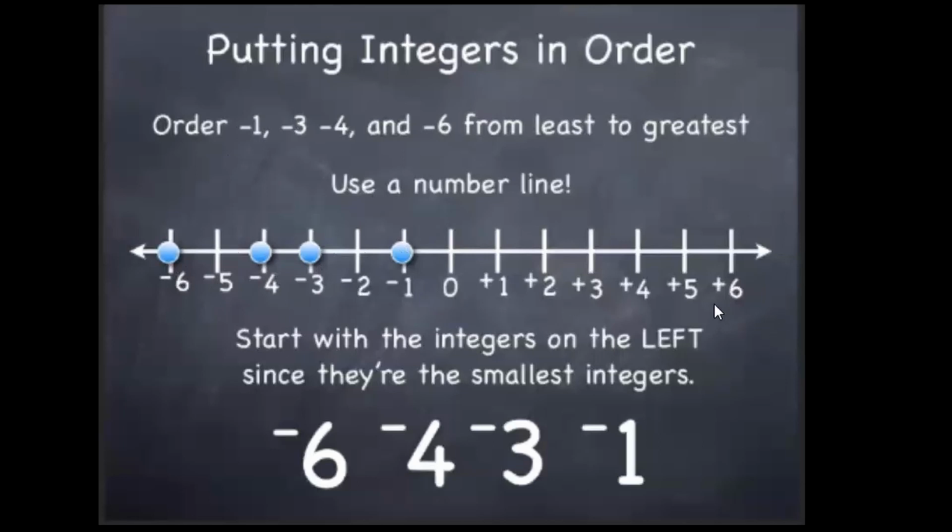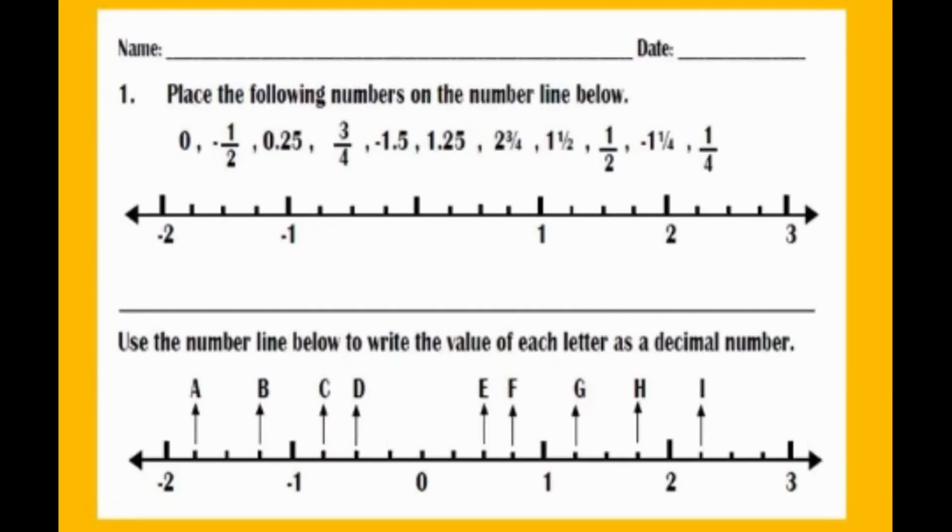And of course, all the positive numbers are greater than all the negative numbers, which means that positive 1 is far greater than a -6, as we can see. And in order, these following four numbers are least to greatest: -6, -4, -3, and -1. Okay, so we've looked at ordering fractions and ordering integers. Let's look at ordering decimals.